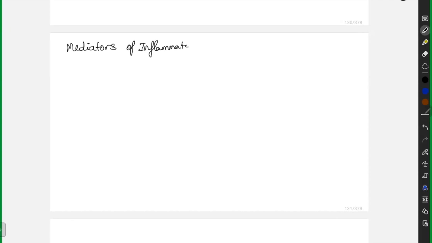So mediators of inflammation, we can divide into cellular mediators and plasma mediators. Cellular mediators, again, can be preformed mediators or de novo mediators. What is de novo? De novo means newly formed.